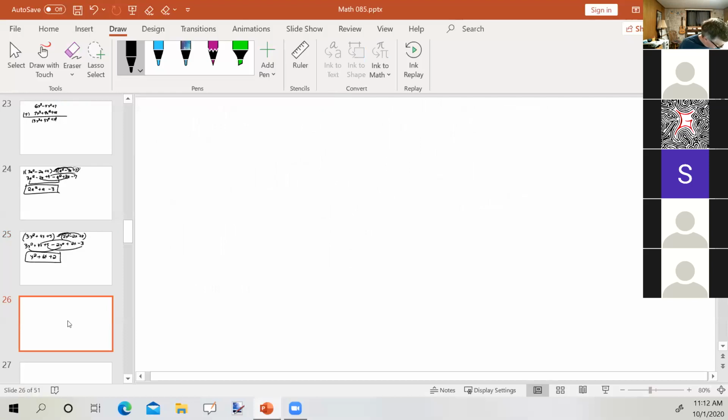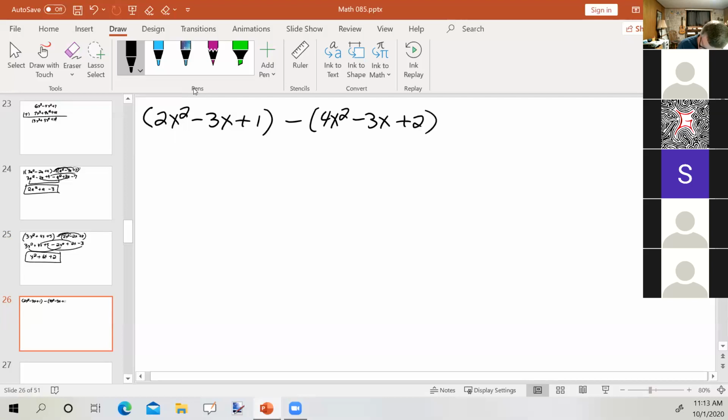Hopefully I can write small enough and get it all on the page. So we've got 2x squared minus 3x plus 1 minus the quantity 4x squared minus 3x plus 2 plus the quantity 2x squared plus 3x plus 2.